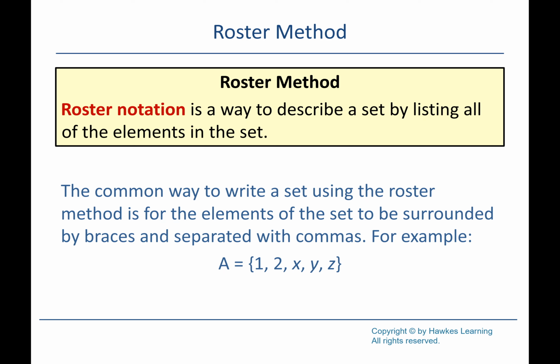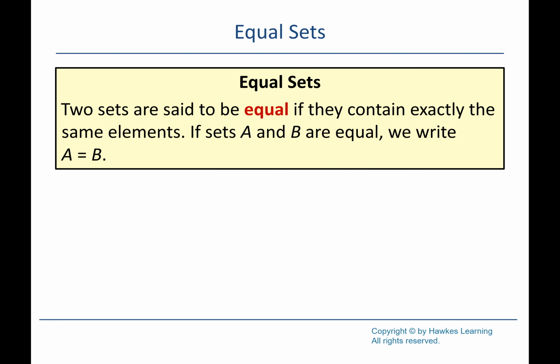But we want to think about the same idea for sets. If we have two sets, we say the two sets are equal if they have exactly the same elements and exactly the same members.